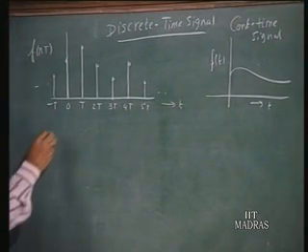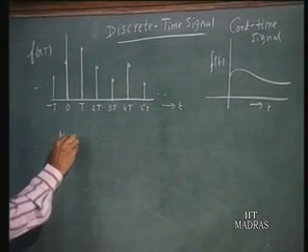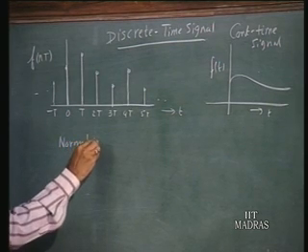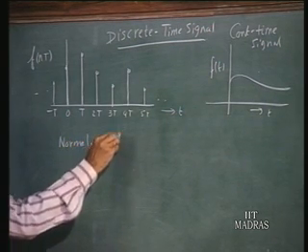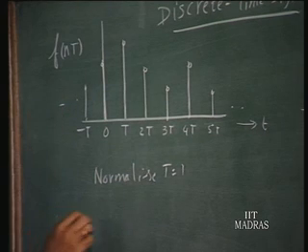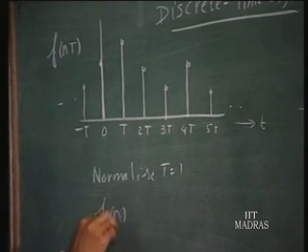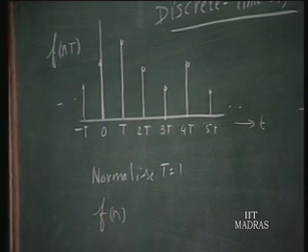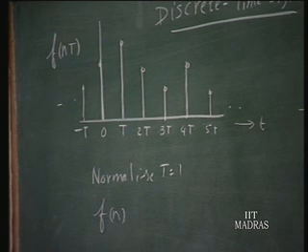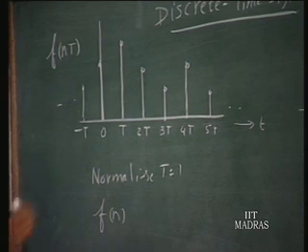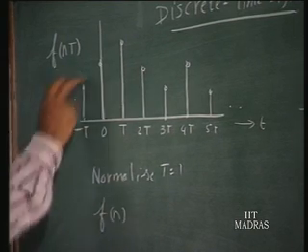We usually normalize T to be 1, and we can represent these signals as f[n] itself. So this is the notation which we will normally adopt, unless the sampling period is to be other than 1 second. We take this to be 1 second, and therefore we can write this as f[n].